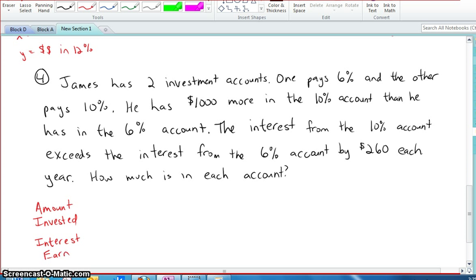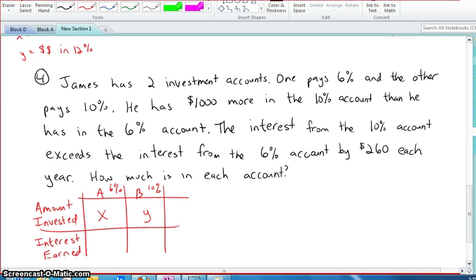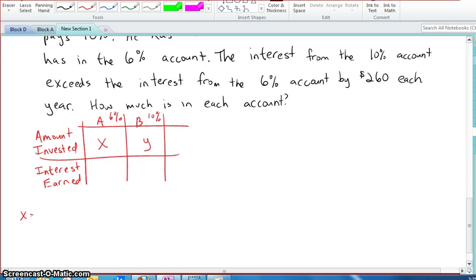Okay, now that you've taken a minute to look at that, let's fill in what we know. We know there's 2 investment accounts. One is 6%, one is 10%. We know that X is the money in the 6% account, and Y is the money in the 10% account.